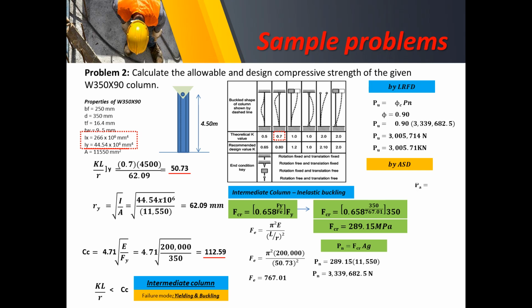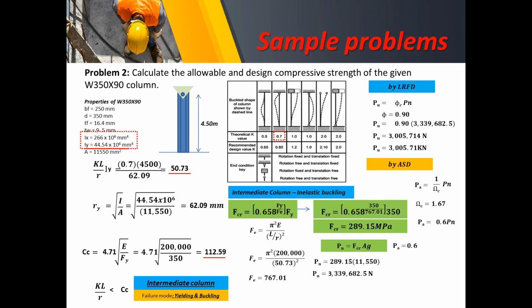By the allowable strength design, again, we'll rely on this formula, wherein omega for yielding is 1.67. Of course, that will have a value of 0.6 times Pn.